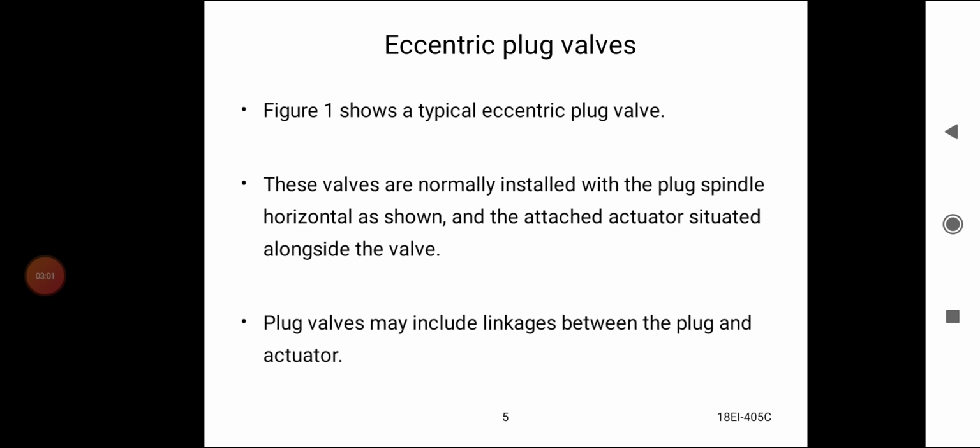Plug valves may include linkages between the plug and actuator.